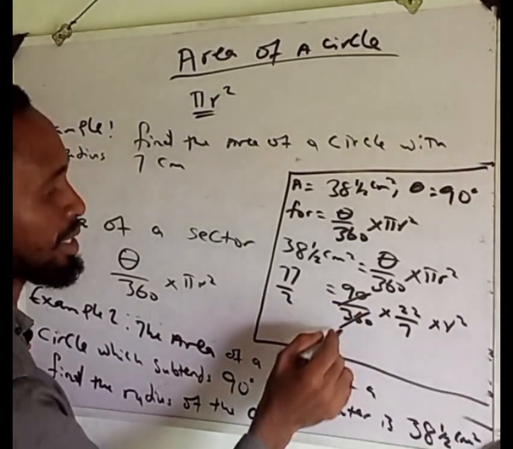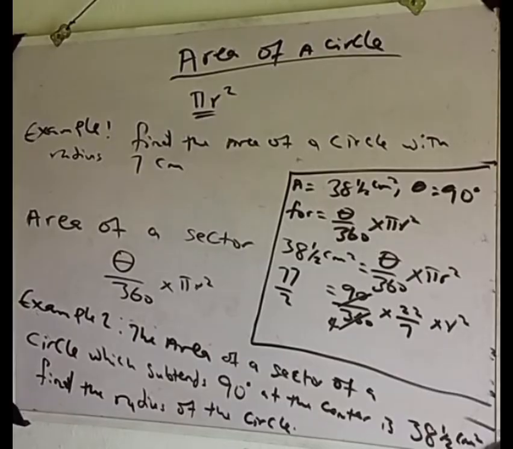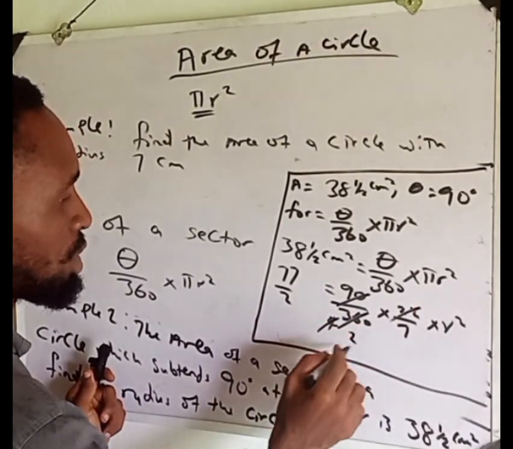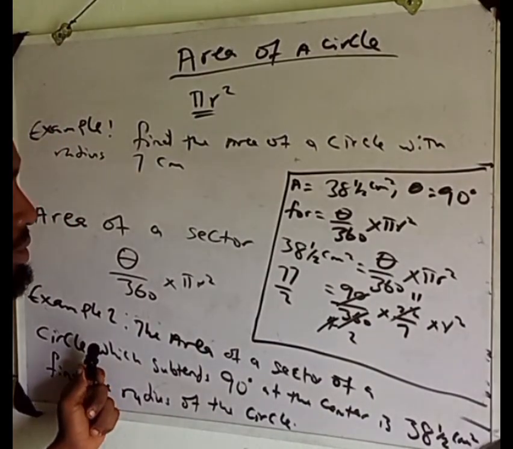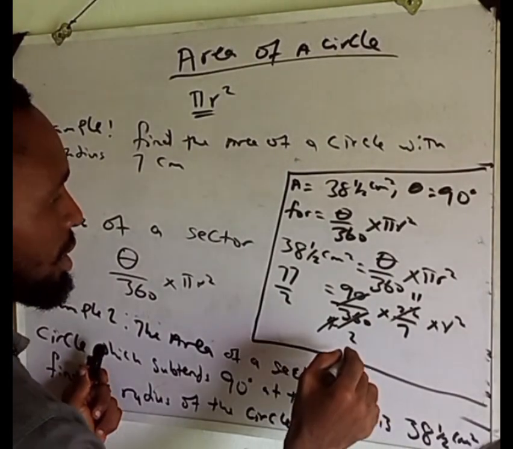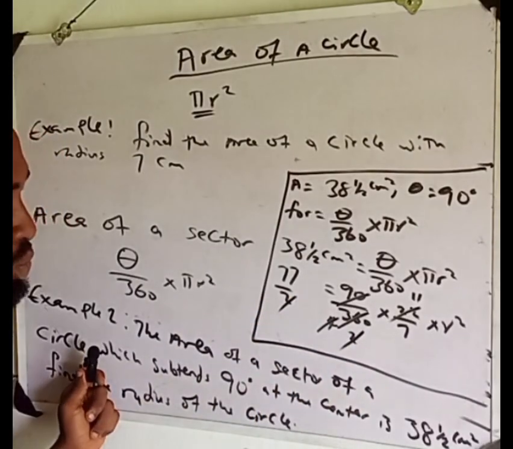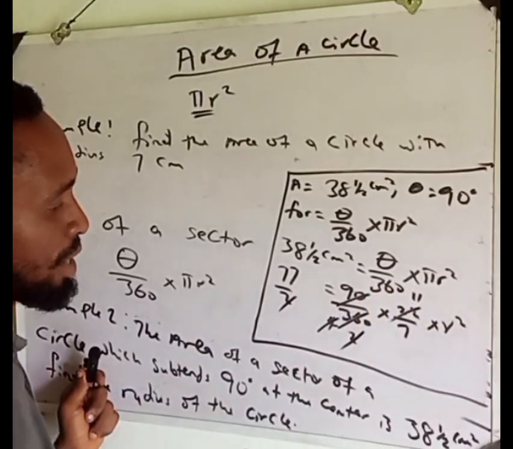We can divide this and we have 4 here. 90 divided by 360 is 4 under. Let's still split. We can have 2 here and we have 11 here, right? Now, these 2 and these 2 can cancel out because they are both denominators. That means the numerators are equal.